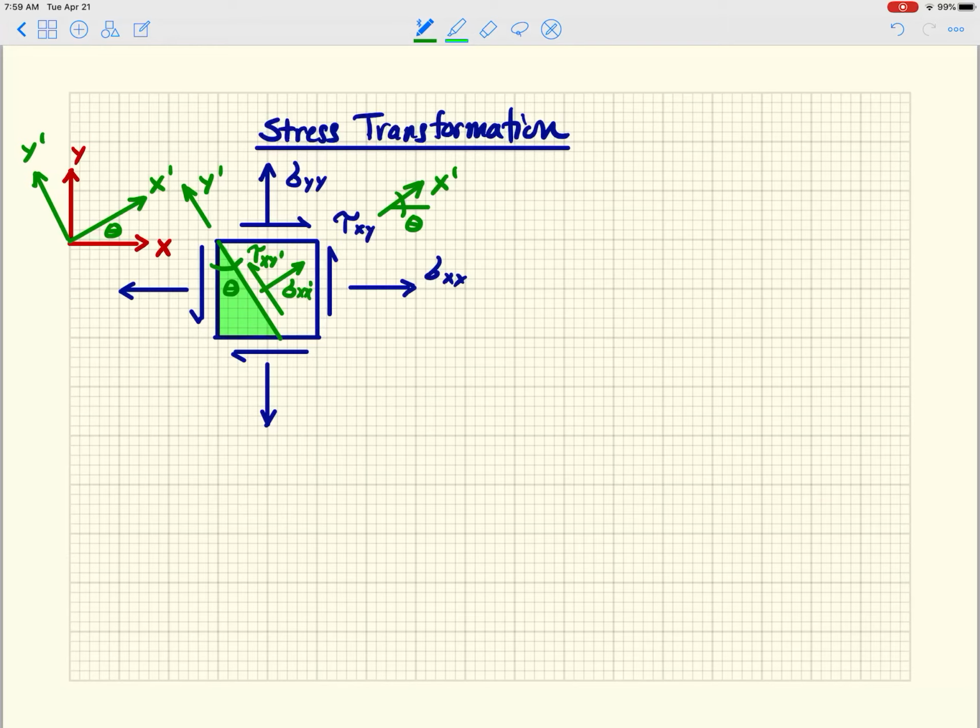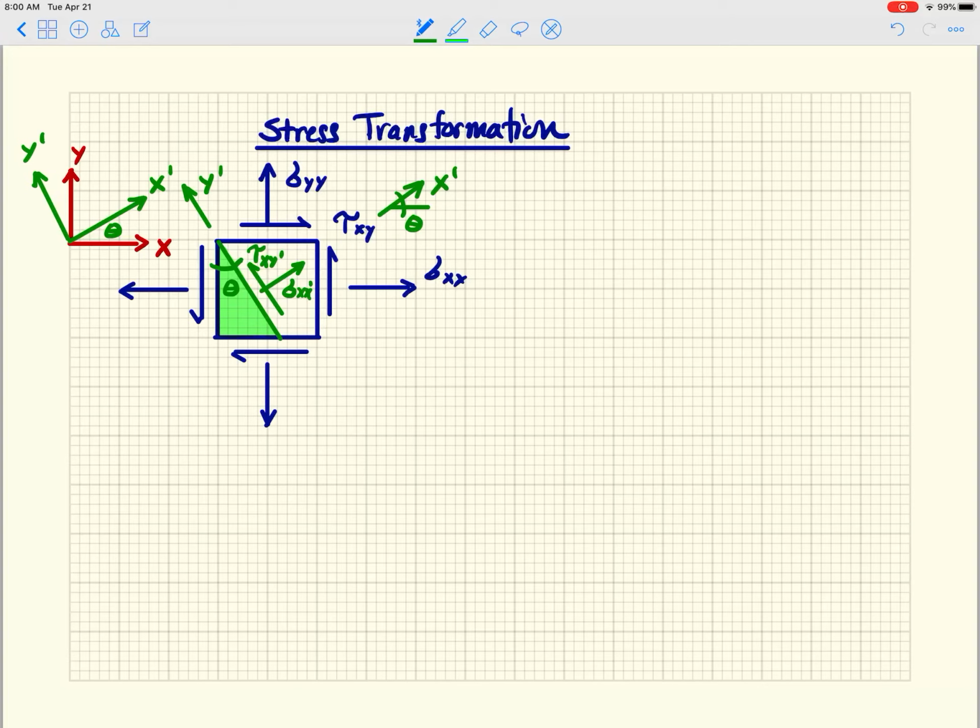So I've basically taken x and rotated it, in this case counterclockwise, by a specific theta. And now I want to solve for the stresses on that new face, that face that's oriented in this new theta direction.